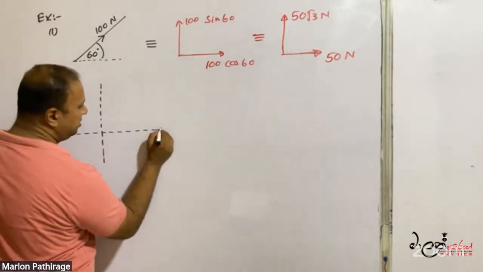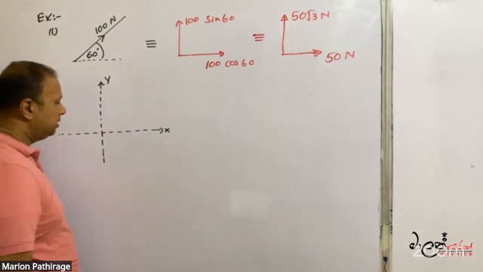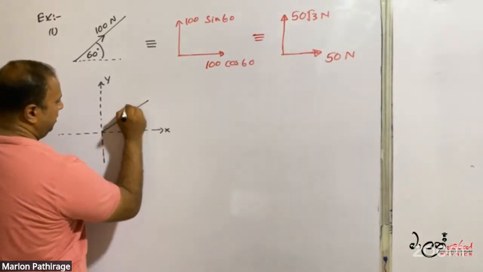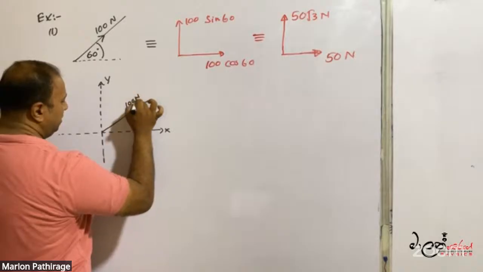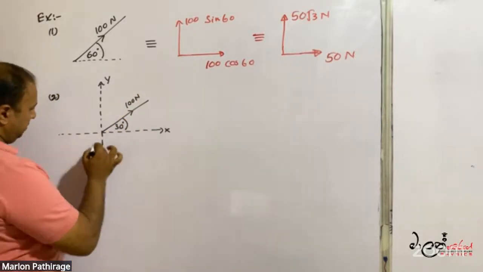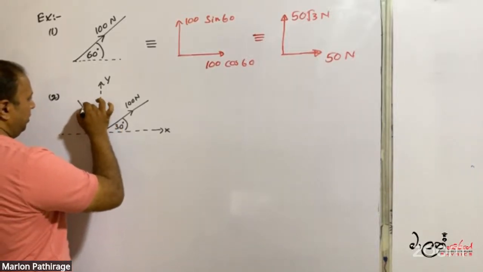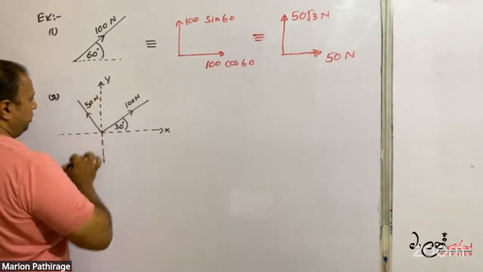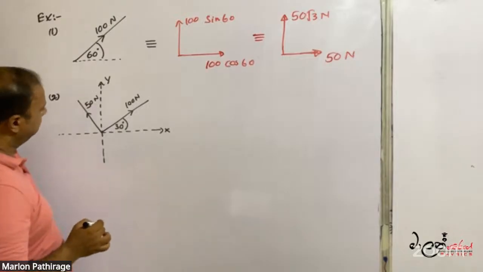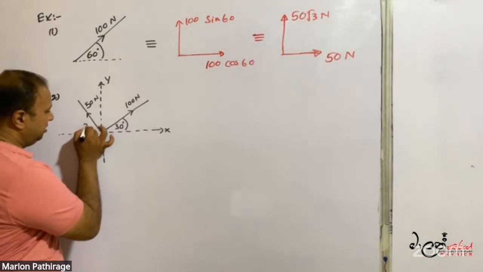suppose this is x direction and this is y direction. Suppose you are given a 100 Newton vector, this angle is 30, and 50 Newton, this angle is 30.